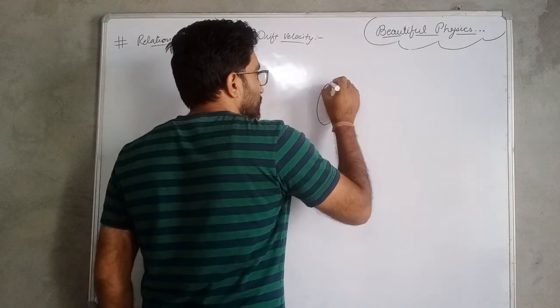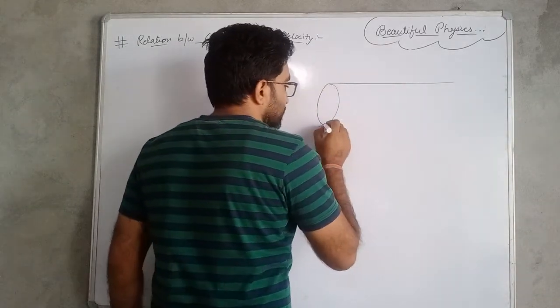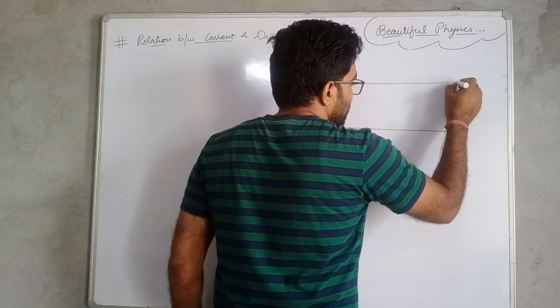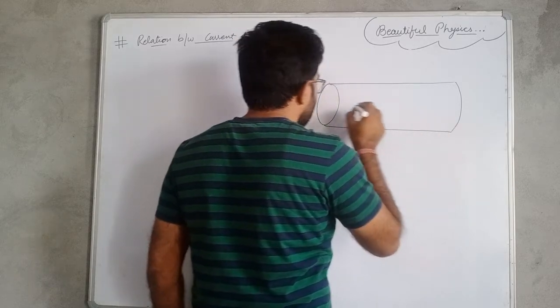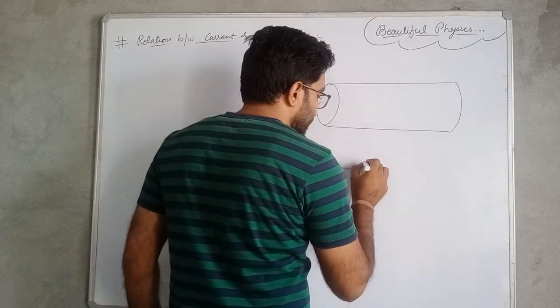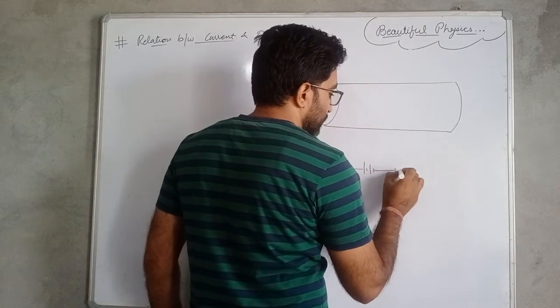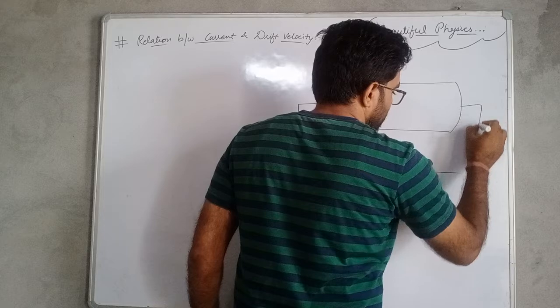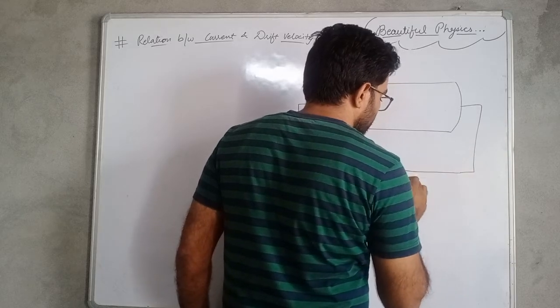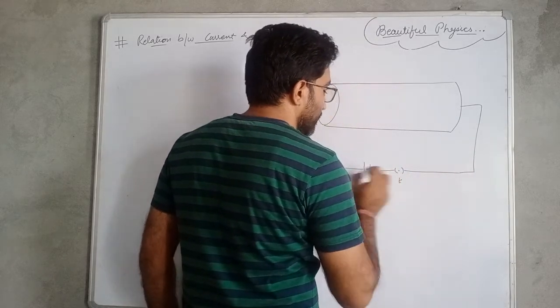Suppose this is our conductor, connected to the external source of EMF by a wire through a key, with a positive terminal and a negative terminal.